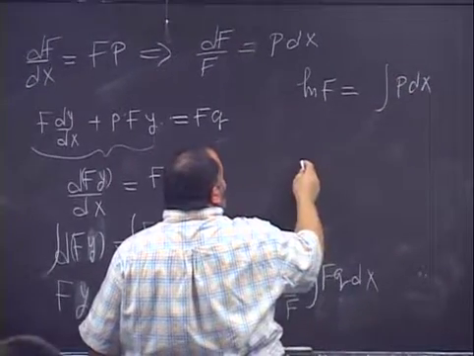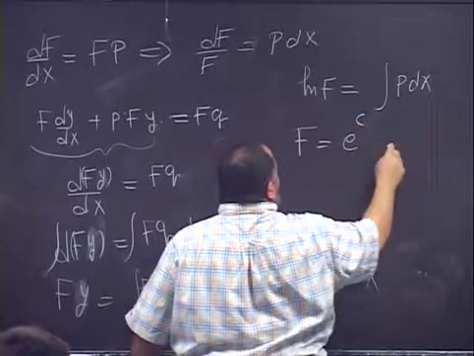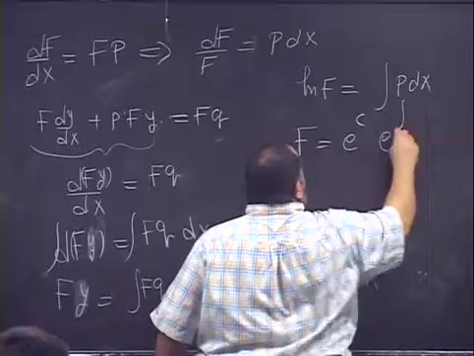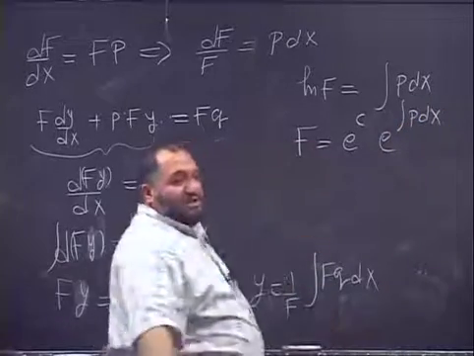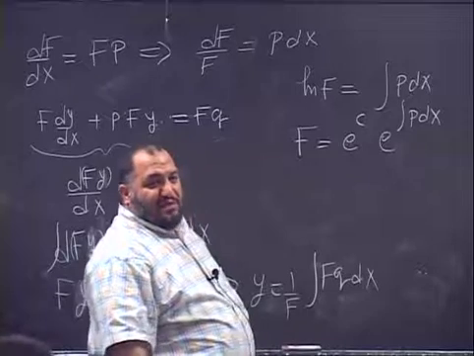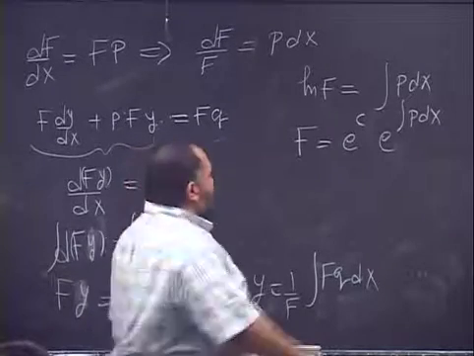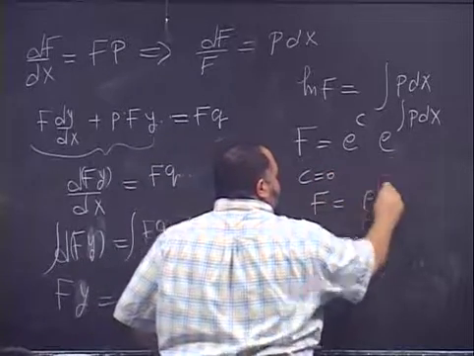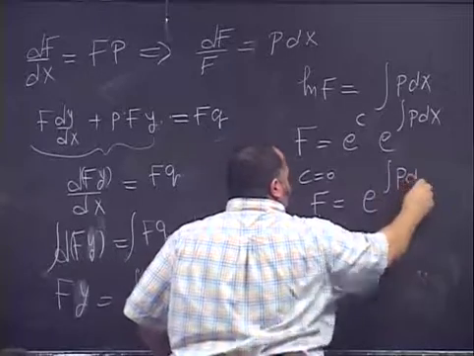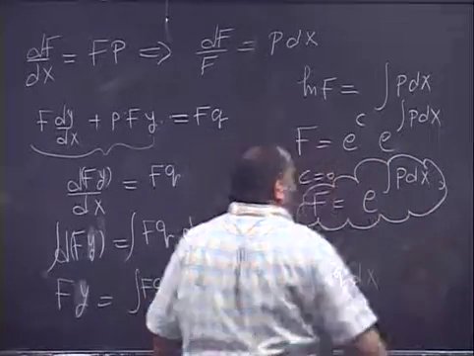Yes? So what's f? f is e to the power of c multiplied by e to the power of the integral of p dx. We can choose any arbitrary constant c, and we can take c as 0. So if c is 0, f will be e to the power of the integral of p dx. This is whatever f you are asking for.